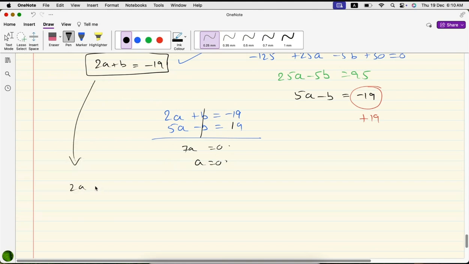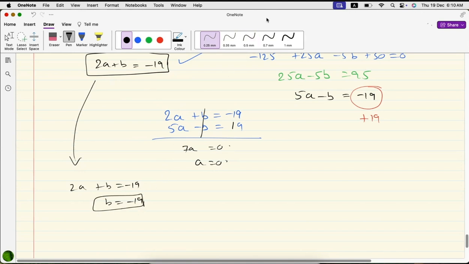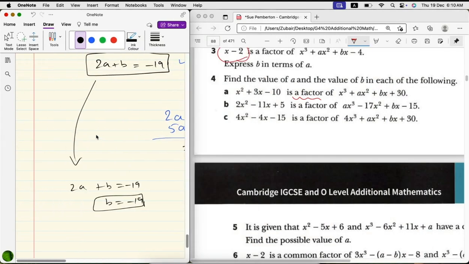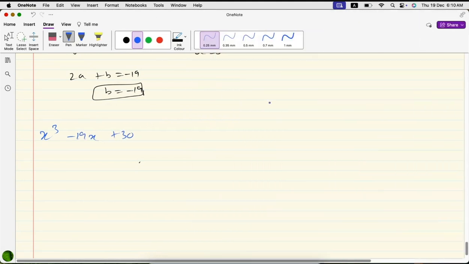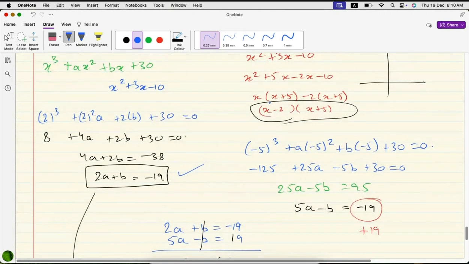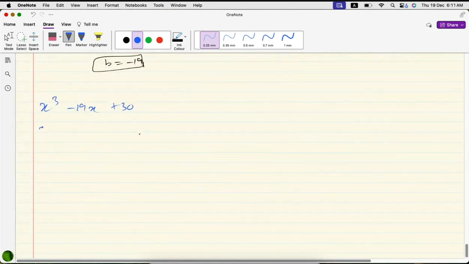So 2a plus b is equal to minus 19. When a is 0, b is equal to minus 19. I can rewrite the equation with a 0 and b minus 19. The equation is x cube, a is 0 so x square goes away, minus 19x plus 30. And the factors were 2 and minus 5. 2 cube minus 19 into 2 plus 30.